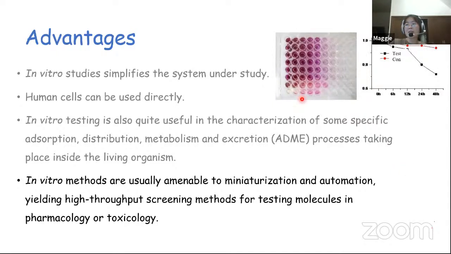For example, in these 96 well plates, we can evaluate more than 20 compounds together in one experiment. So it's very easy to develop high throughput screening methods for studies in the lab. So based on these advantages, in vitro studies are very common in every lab.